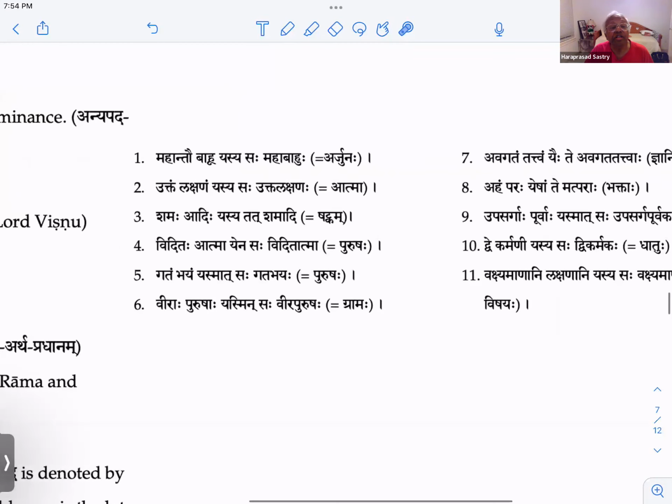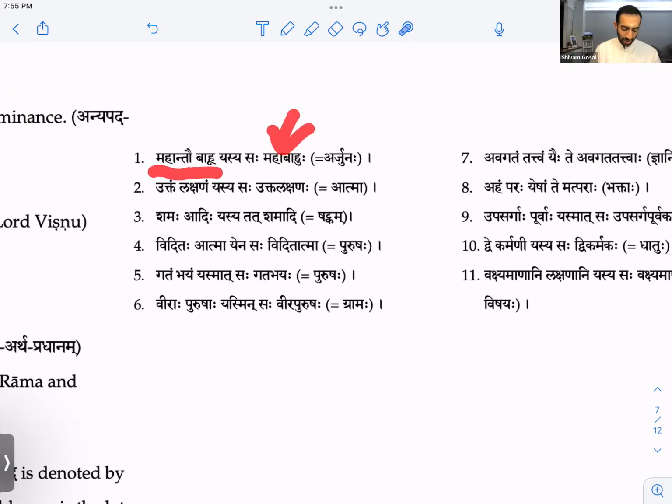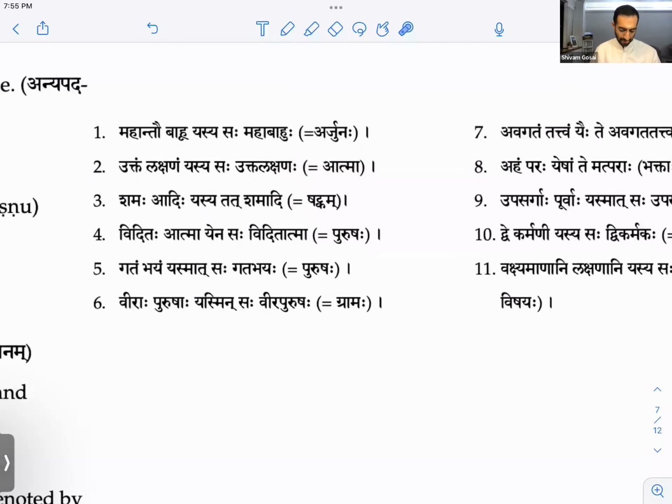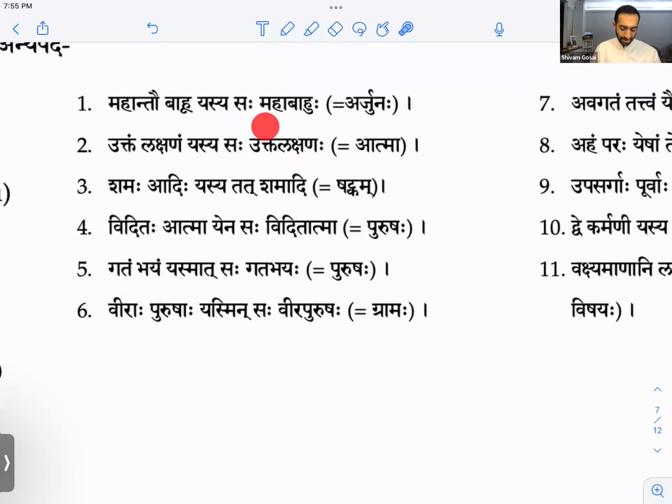So, the result of all this is equal to Arjuna. Yeah, so the result of Mahanto Bahu is just Mahabahu, right? But it's referring to Arjuna. So the Samasa is Mahabahu, but this word is referring to Arjuna.